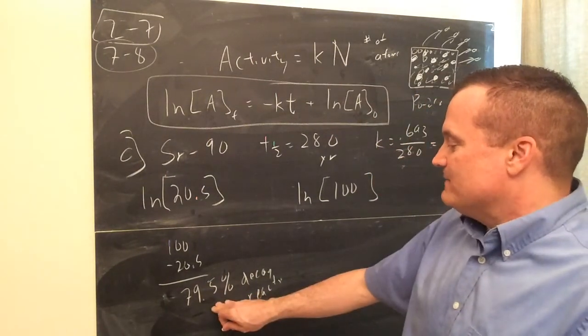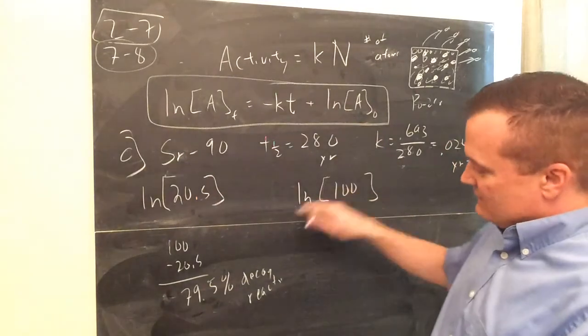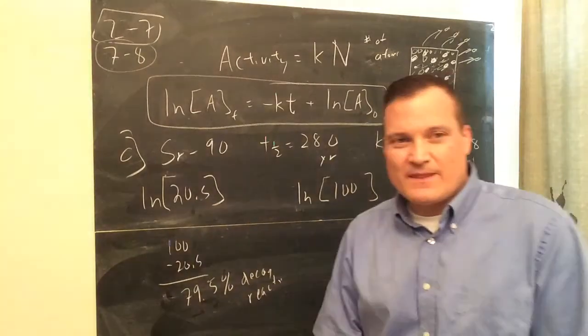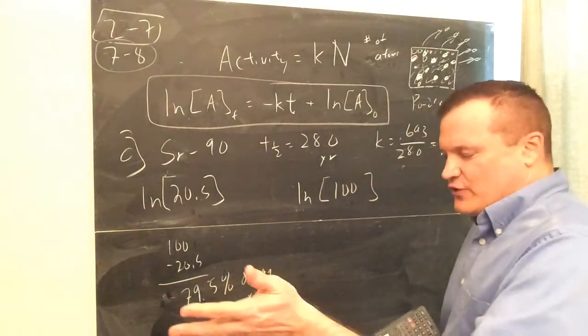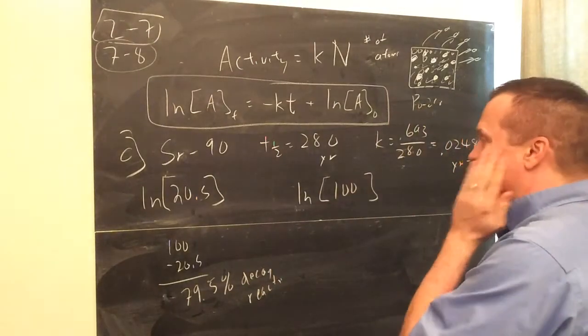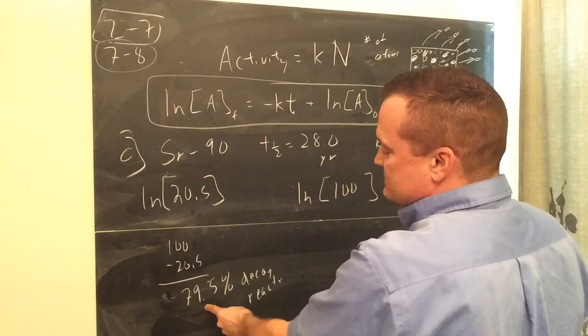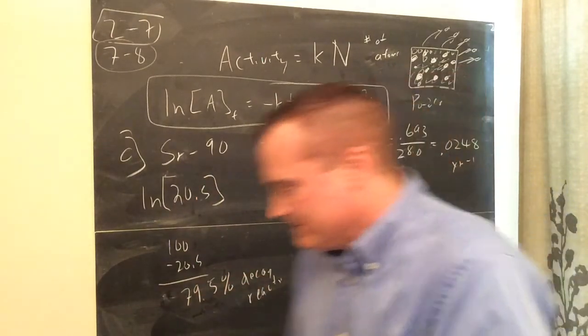So in the beginning, you had 100%, 79.5 went away, in the end, you had 20.5%. It's a good thing with these percentages, and I had it for grams and the other, to think in your mind, this is your original amount, this is your final amount, and that's the percent or the amount that decayed, that went away. All right. Well, anyway, all right.